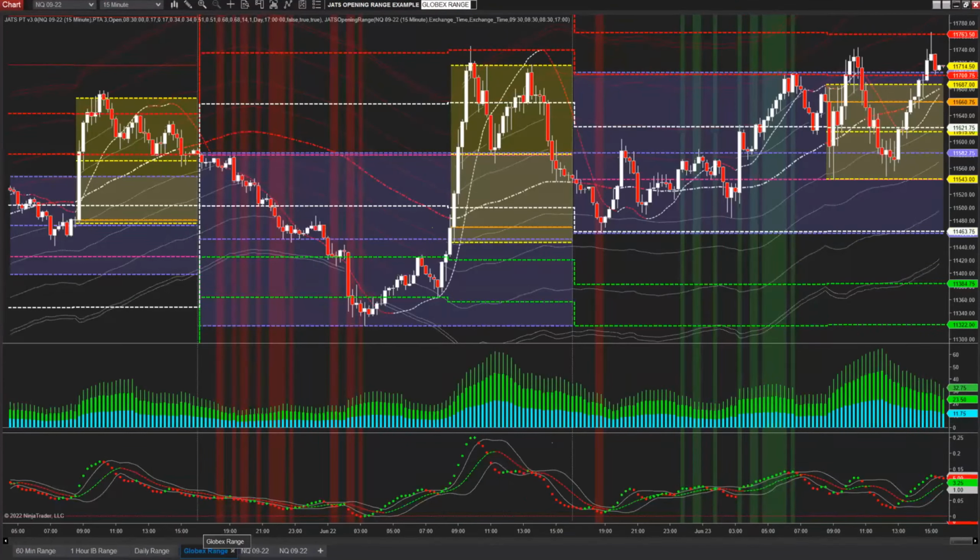Here's the Globex range with a linear regression, just to show you the linear regression indicator. It's nice to be able to either use a regression channel, which I like to use on a Renko chart, or I like to use the linear regression indicator on a minute chart.